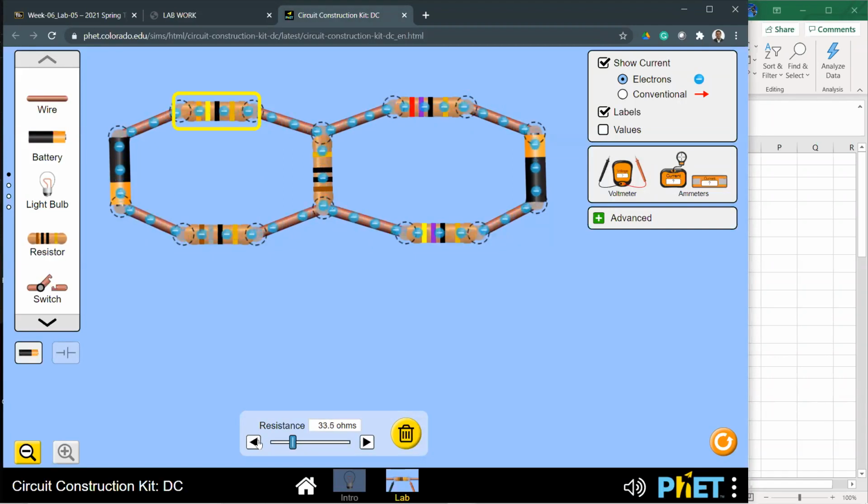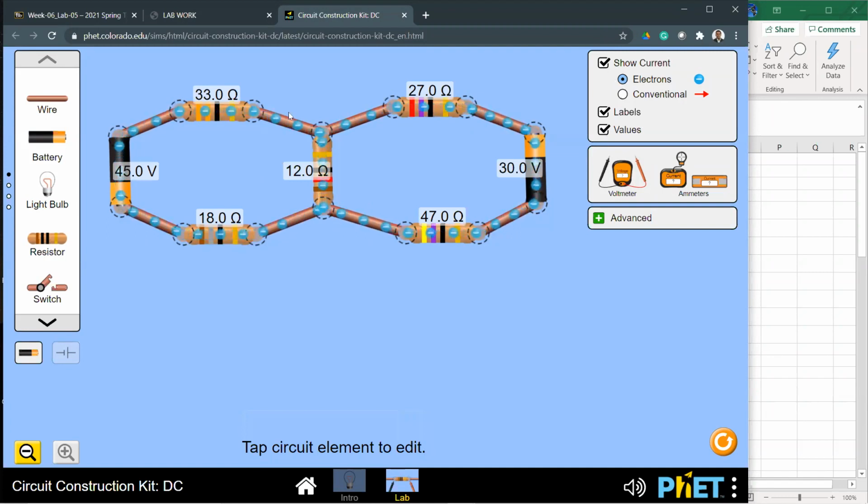And then the one in the middle connecting both loops is R5, which is 12 ohms. Make sure of those values. The best way to do that is to click on the values at the very top right hand side, and you will see the values. Click on that, then all the numbers will show up. Also click on the conventional current, which will show red arrows, because that is important.